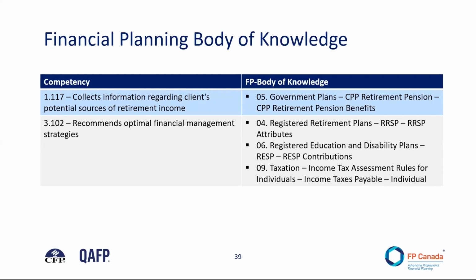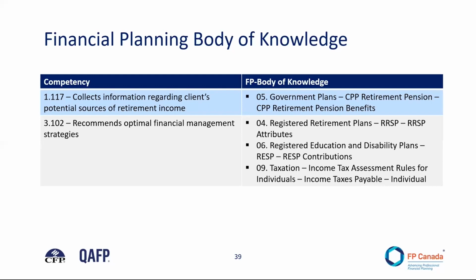Here is another example. Competency 3.102 from the matrix, which is under the recommendation column in the financial plan management row, reads, recommends optimal financial management strategies. An example here could be that the client may have cash available and wants the QAFP professional to recommend whether a contribution be made to an RRSP or an RESP.